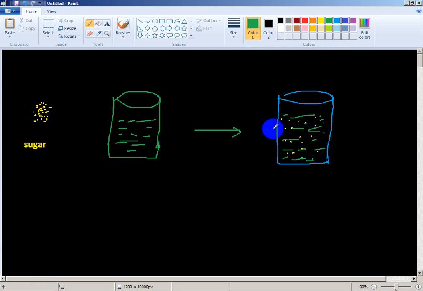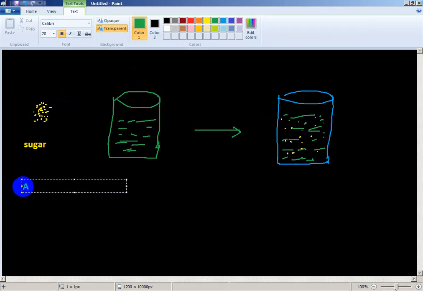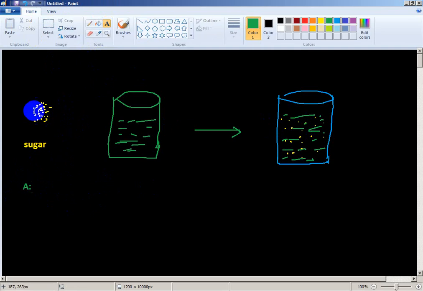So, you tell me which thing is A. What is A here? If you add this one here and stir with a glass rod, you find a clear solution. So A is the solute, okay, good.